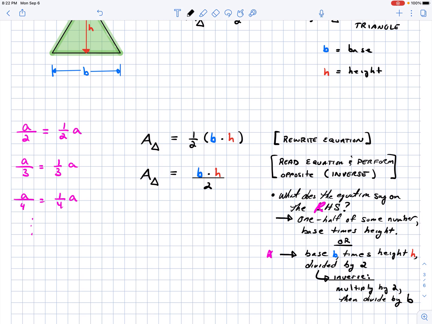They are exactly the same thing. It follows this principle right here, that if I divide a number by 2, I'm really taking half that number. Or if I'm taking half of this number, I'm really taking that number b times h, whatever that number is, and simply dividing it by 2.